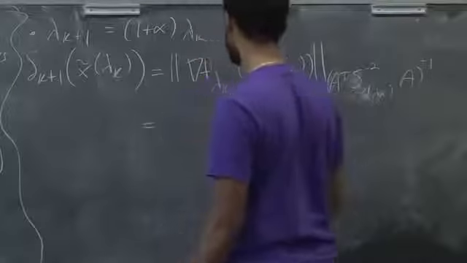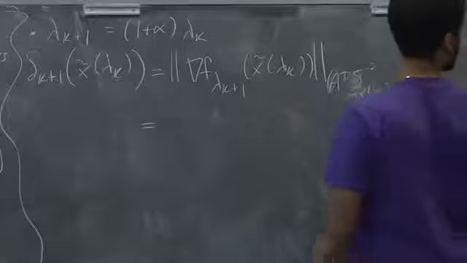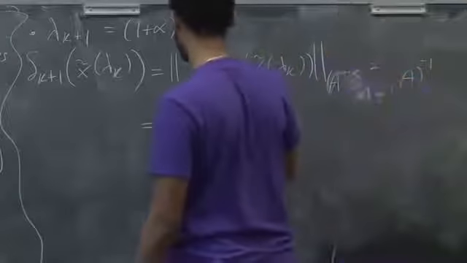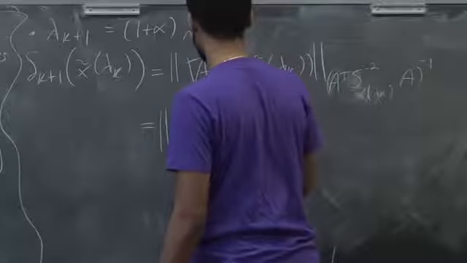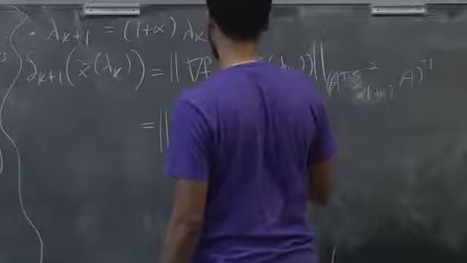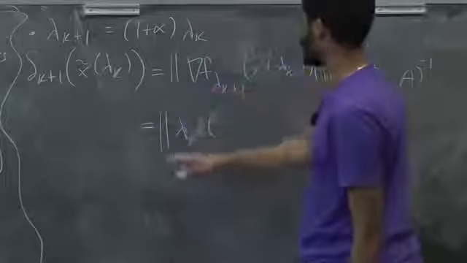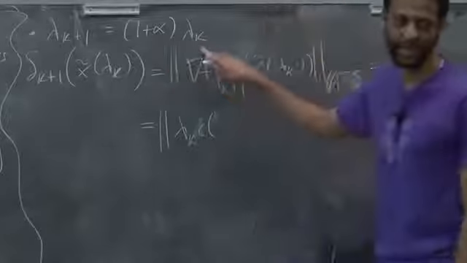And then now let me write down what the gradient is. The gradient is now lambda k c. Well, lambda k plus 1 is just 1 plus alpha times lambda k, right?